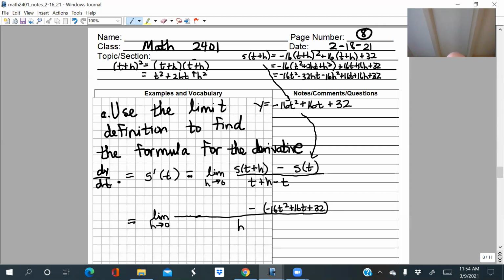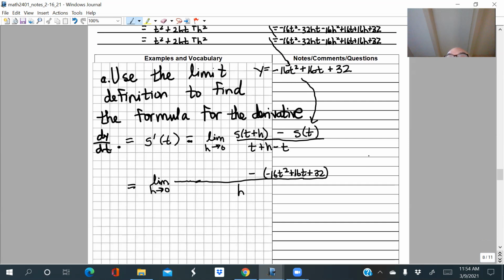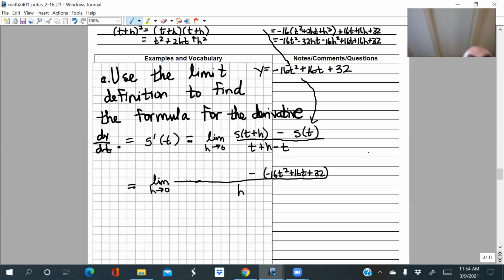So that's a lot of terms there, but just be patient with all of those terms when you're simplifying this limit. All right, now let's come in and fill in all of this. So I just need to recopy all of this down here, right?